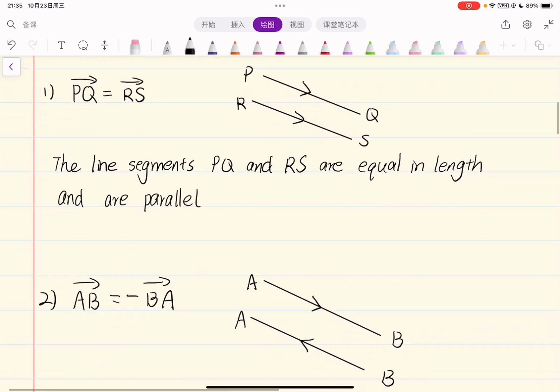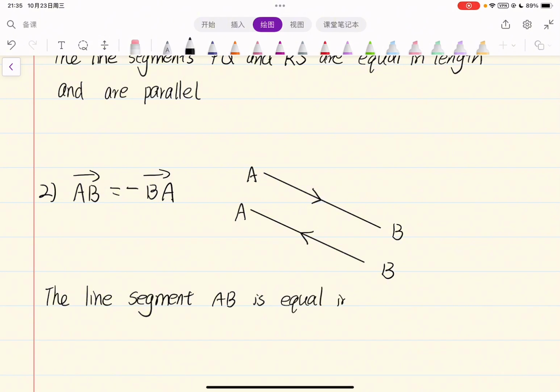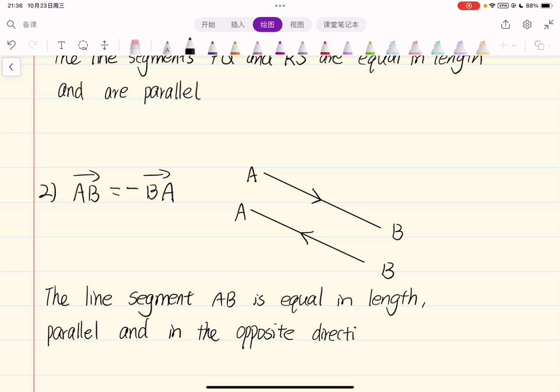And if we have the vector AB equals negative vector BA, which means the line segment AB is equal in length, parallel, and in the opposite direction to BA.